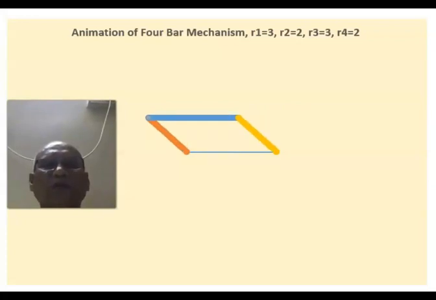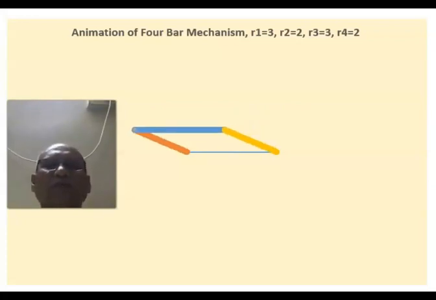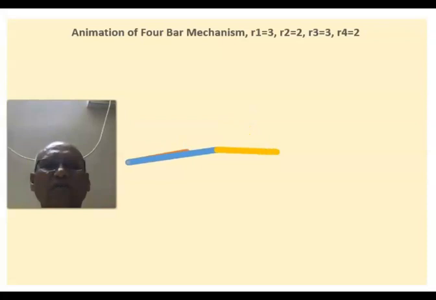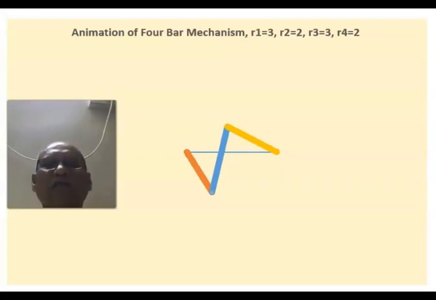Apparently it looks like a very simple mechanism, but if you consider the concept behind this 4-bar mechanism, it becomes a voluminous book, and you can say it is unlimited.